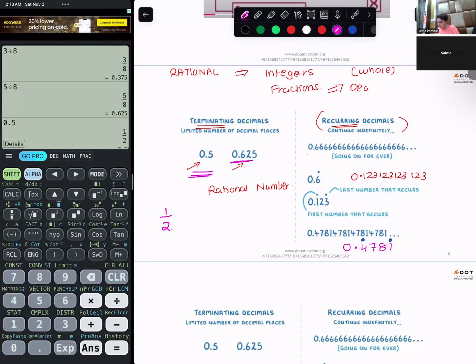If I want to write 0.625 as a fraction, I will press S-D. So it's nothing but 5/8. This is a terminating decimal. Any terminating decimal or a recurring decimal is a rational number.